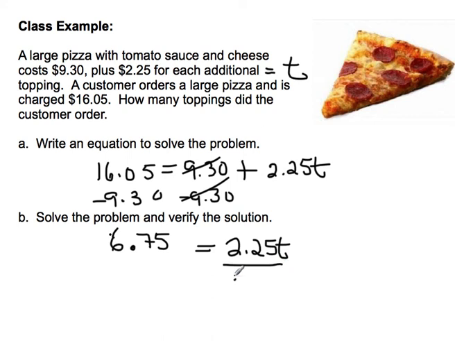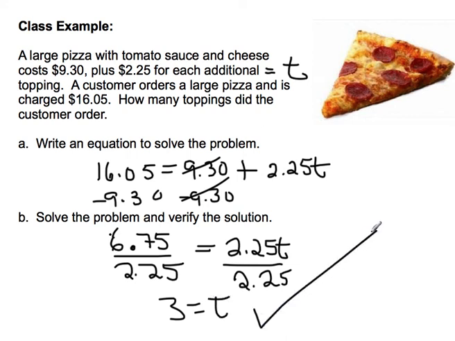When I divide by 2.25, do that on this side, I get 3 toppings. So 3 toppings. Okay. I'm not going to verify that one because we just did.